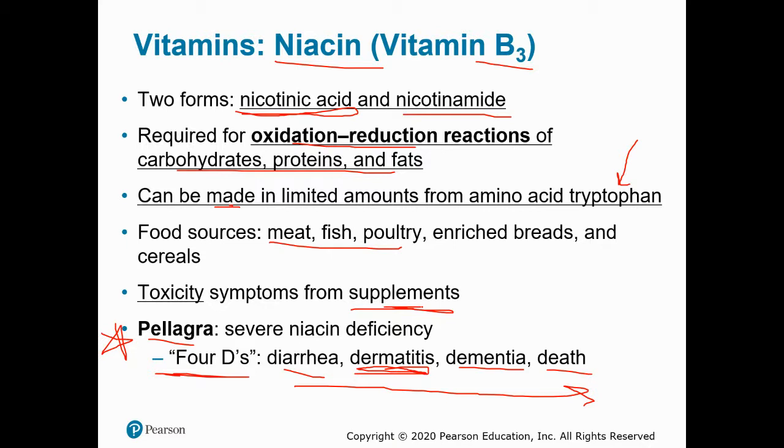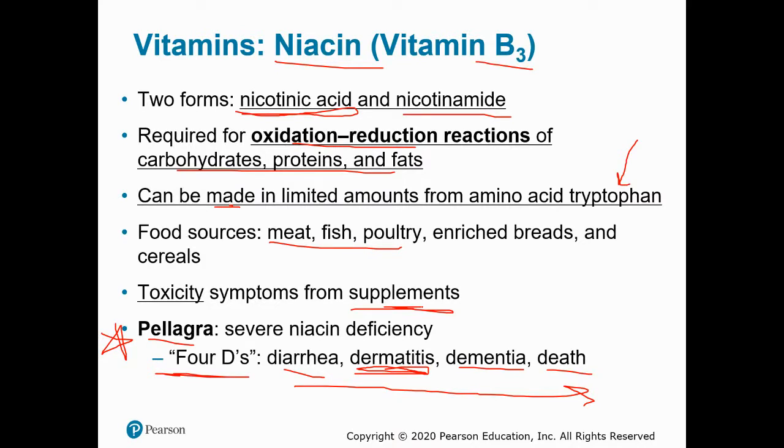So a lot of times we'll see that with water-soluble vitamins, the body can get rid of the excess, but it'll just take a couple of hours. We'll also see that toxicity typically only happens due to supplementation, meaning taking a concentrated dose of the micronutrient in pill or tablet form.